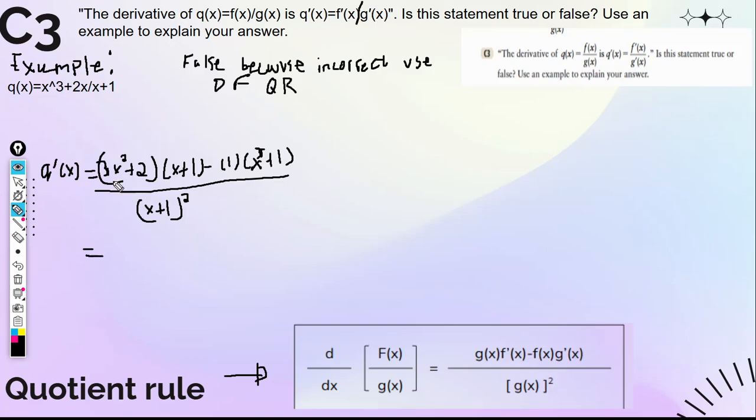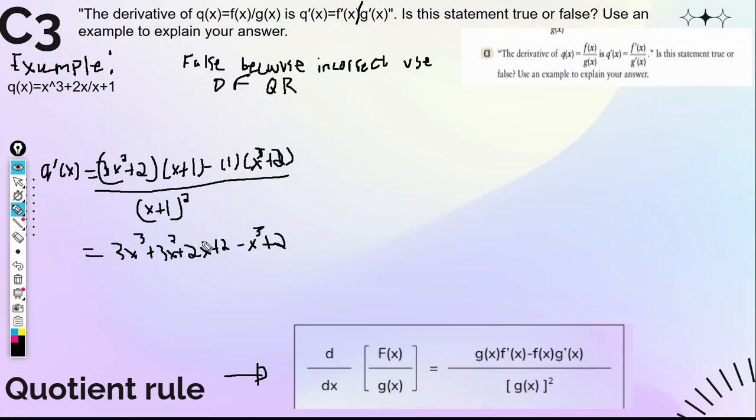Okay, so 3x, that's going to be 3x cubed plus 3x squared plus 2x plus 2 minus x. Wait, did I do something wrong here? No, I didn't. It's supposed to be plus 2. Yes, this is what I did wrong. Plus 2.